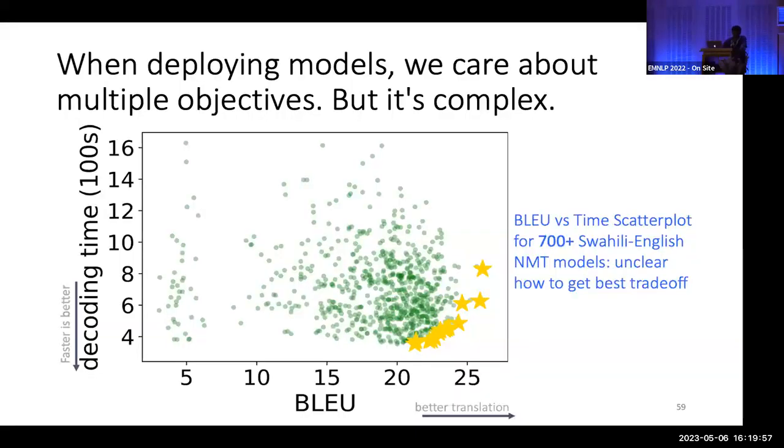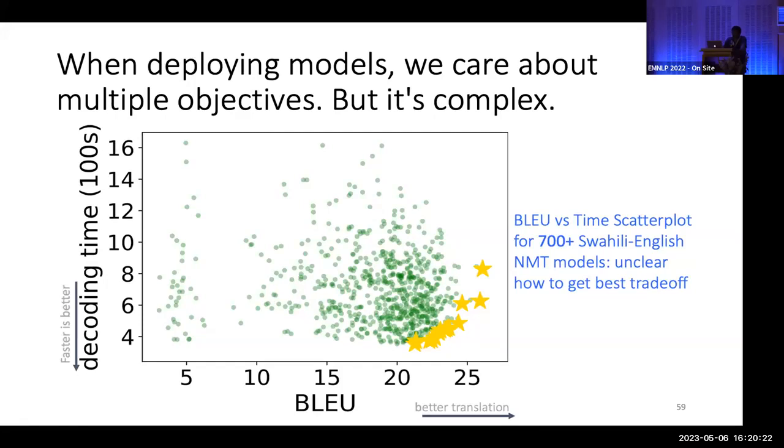So why is multiple objective important? I mean, it's important in practice. It could depend on your use case, but I think if we really care about deploying our models, you care about decoding time, you care about accuracy, you care about multiple things. And for example, here, this is the same picture I showed you at the beginning of these 700 NeurIPS models.